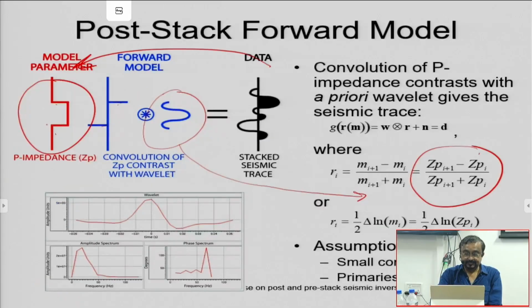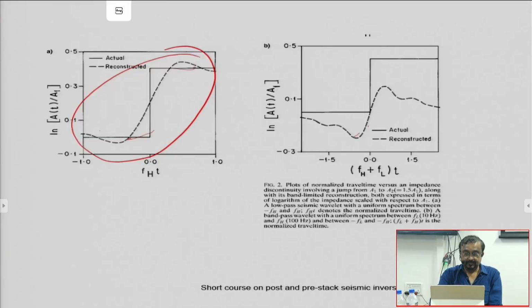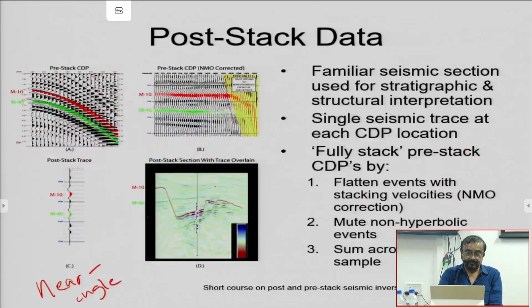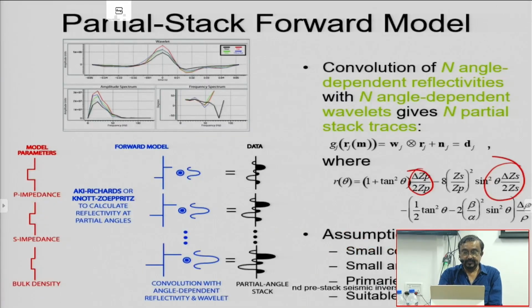Good. So now I'm going to show you how I do my, okay, now I'm not completely done with explaining this. So what is the forward problem? This is my equation. Given a particular angle, I compute angle-dependent reflectivity and I simply convolve it with a wavelet. For different angles, I have different reflectivity.